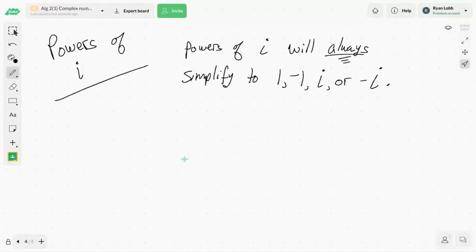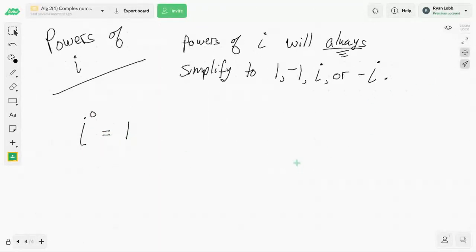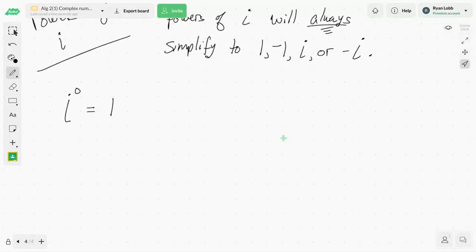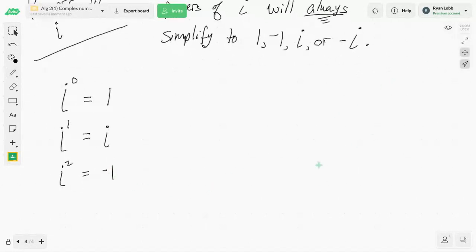Okay. Now here's what we're going to do. I'm going to write down what's going on here. So here we go. i to the 0 is equal to 1. i to the first is equal to i. i squared is equal to -1.